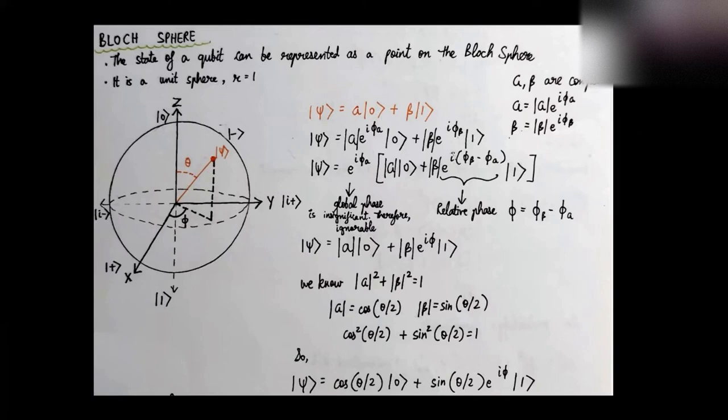So we know the equation of a qubit from previous videos, that psi ket is equal to alpha ket 0 plus beta ket 1. Why? Because when we haven't measured a qubit, it's like a coin which has been tossed. So it's neither heads, it's neither tails, it's something in between.